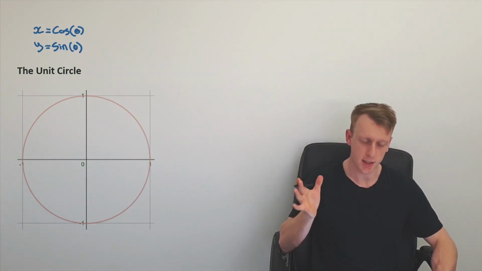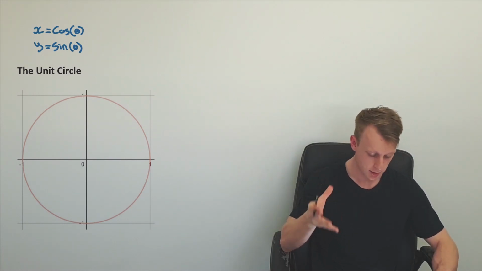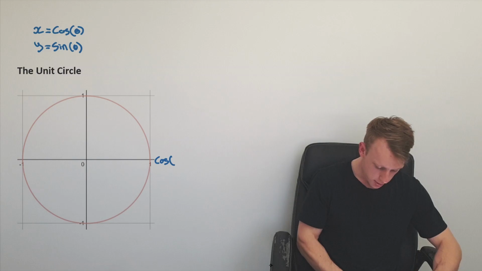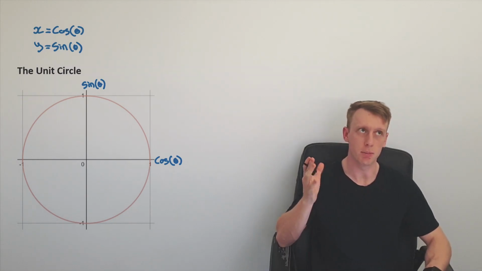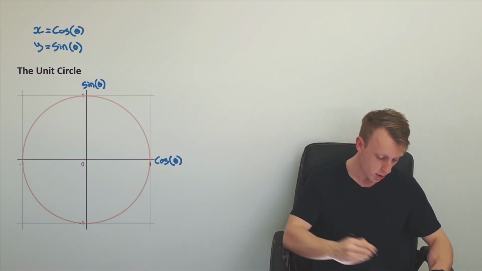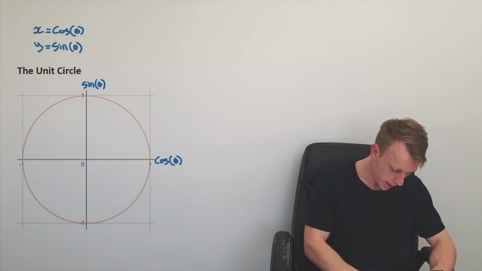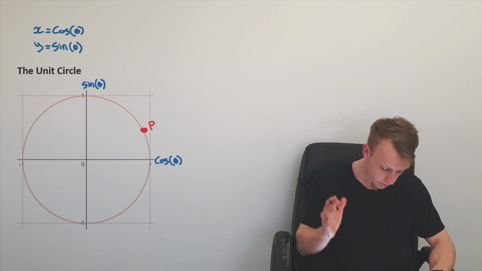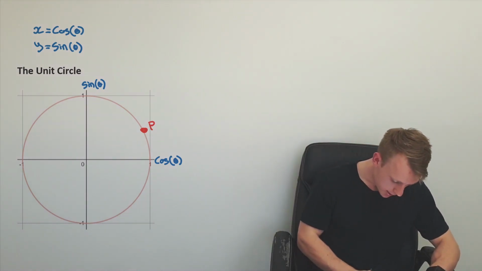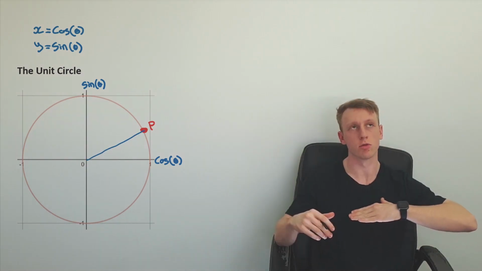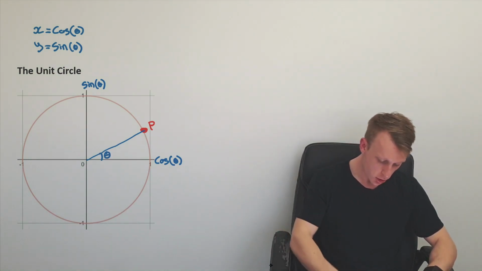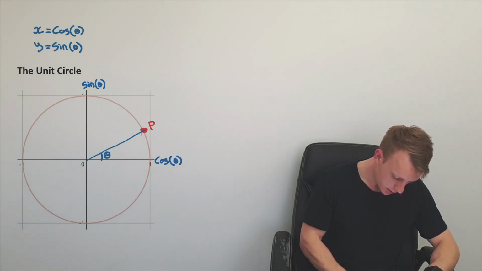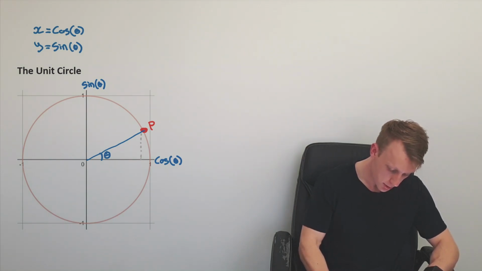instead of defining the x and y axis in terms of x and y, we can put them in respect with an angle that we're going to be given. And so whenever we are determining a point on the unit circle, let's say if we wanted to determine this point right here, the point P, the way in which we would do this is we can rotate the radius at a certain angle around, and we can determine the length of the x and y axis in terms of the angle, right?